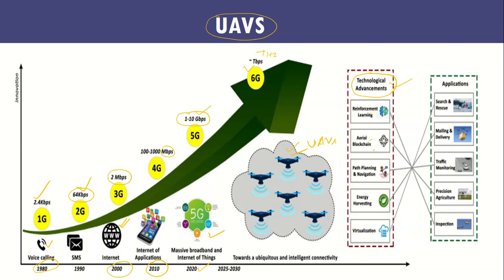So search and rescue, mailing and delivery, traffic monitoring, precision agriculture, and inspections are all done according to the technological advancements with the help of machine learning or artificial intelligence networks.